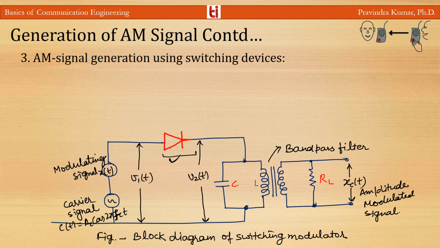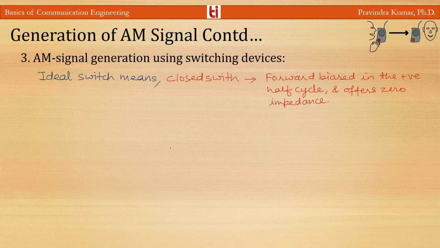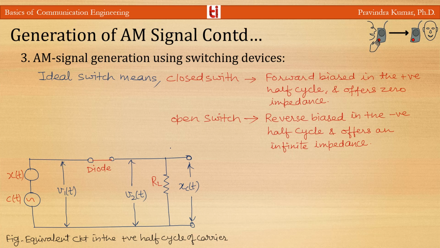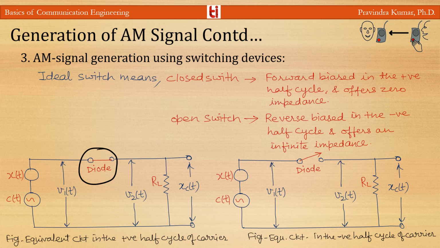Ideal switch means it acts as a closed switch when it is forward biased in the positive half cycle of the carrier and offers zero impedance, whereas it acts as an open switch when it is reverse biased in the negative half cycle of the carrier and offers infinite impedance. So in the equivalent circuit, for the positive half cycle of the carrier the diode works as a closed switch, and in the negative half cycle it works as an open switch.